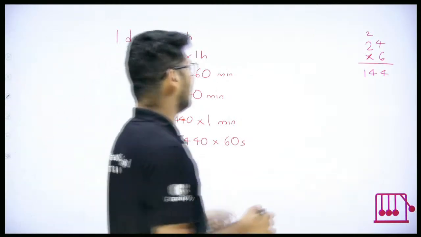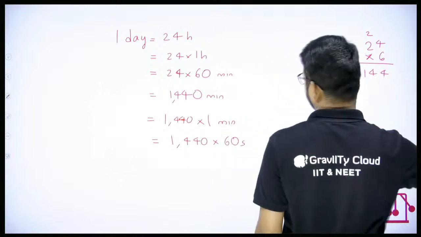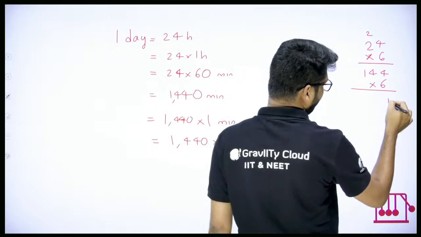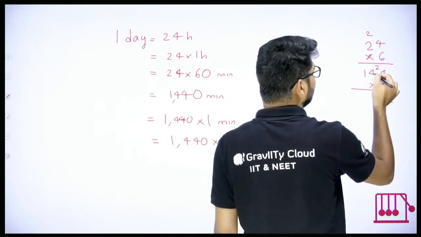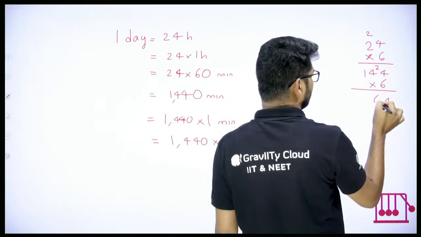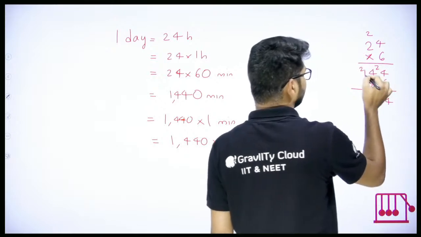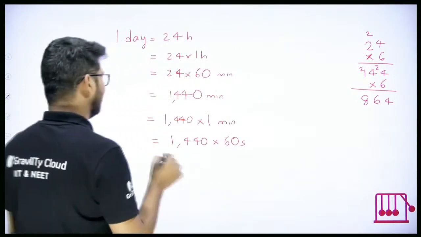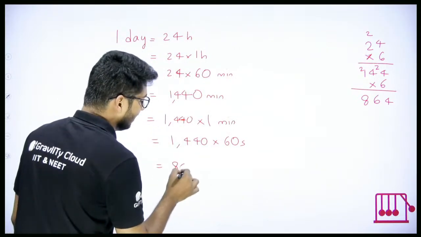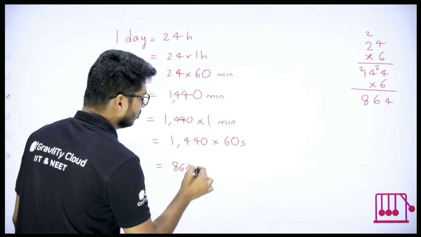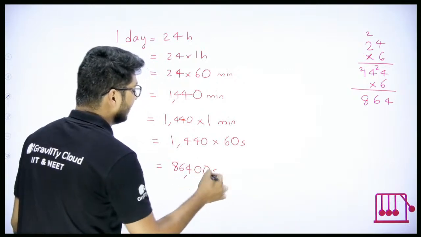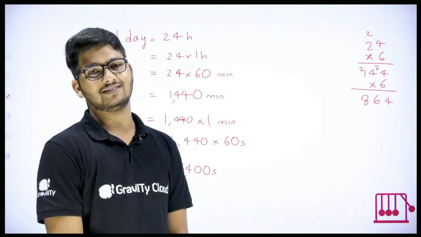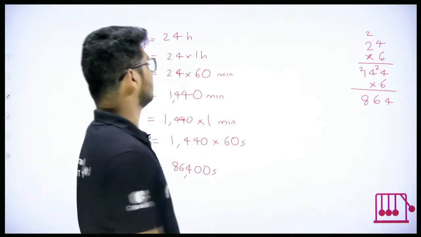That means if I multiply 1440 with 60, or 144 into 6, 6 4 24, 2 carry. 6 4 24, 24 plus 2, 26, 2 carry. 6 into 1, 6, 6 plus 2, 8. That is 864, and you have 2 zeros. So it is 86,400 seconds.